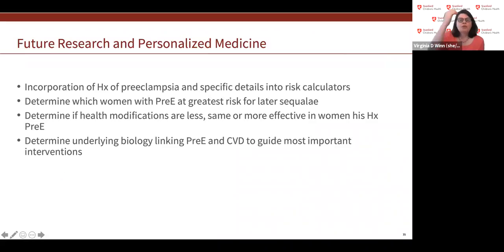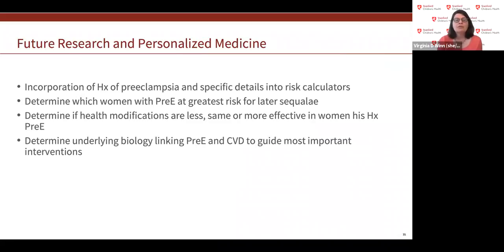So where are we going and how can we get to more personalized medicine? I think there is room for incorporation of preeclampsia into these risk calculators. We need to determine which women with preeclampsia are at greatest risk for the later sequelae, so we know who to follow most strongly.